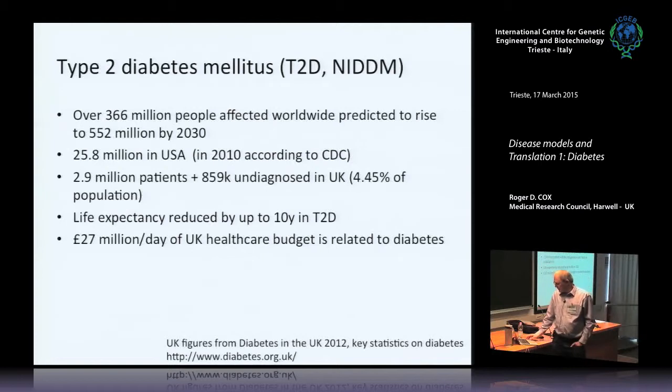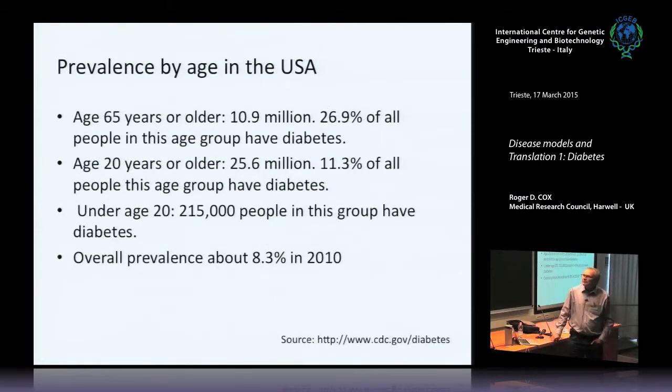So there are significant implications for mortality, morbidity, and for the cost to the infrastructure for treating and supporting patients. Age is a factor in type 2 diabetes, so it's less common in young people, but in the US, among people aged 65 years or older, about 10.9 million people in this age group have diabetes.